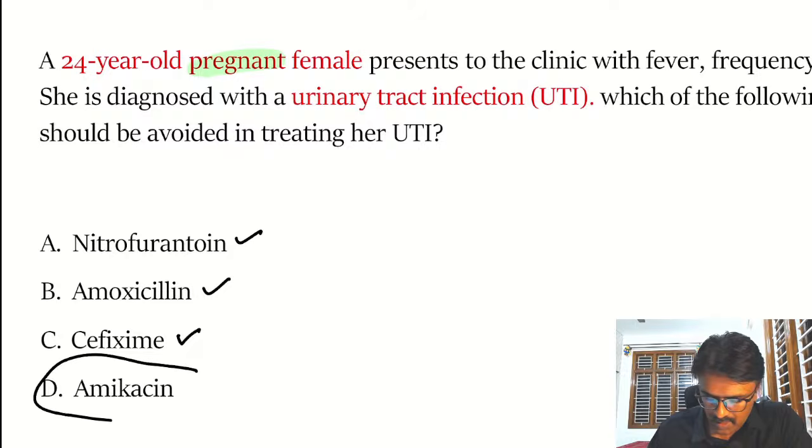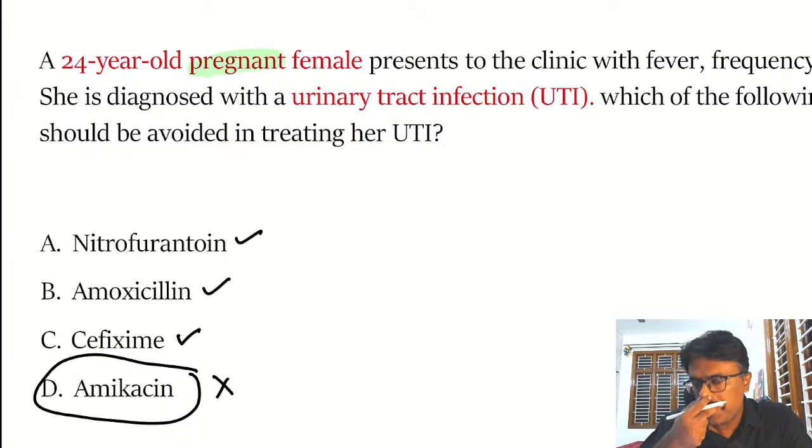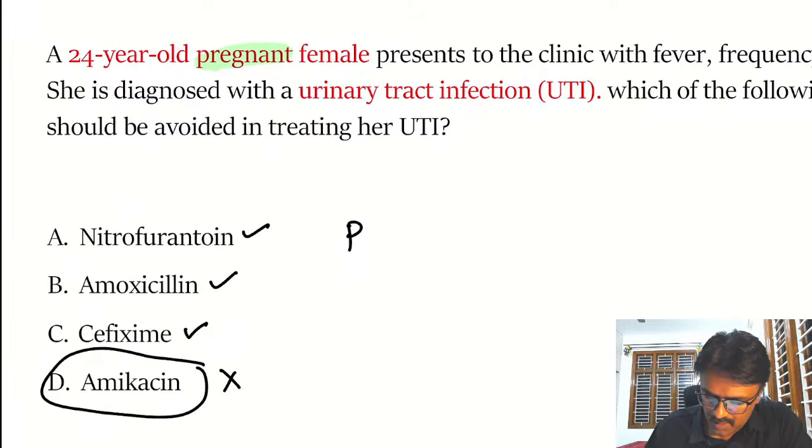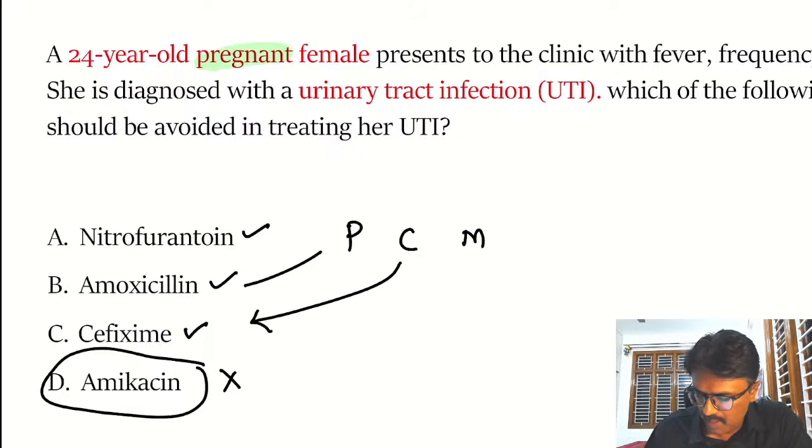Amikacin is not given because it belongs to aminoglycosides. Aminoglycosides are ototoxic, so they can cause toxicity to the fetus. The safest in pregnant women are penicillins, cephalosporins, and macrolides, like azithromycin and erythromycin.